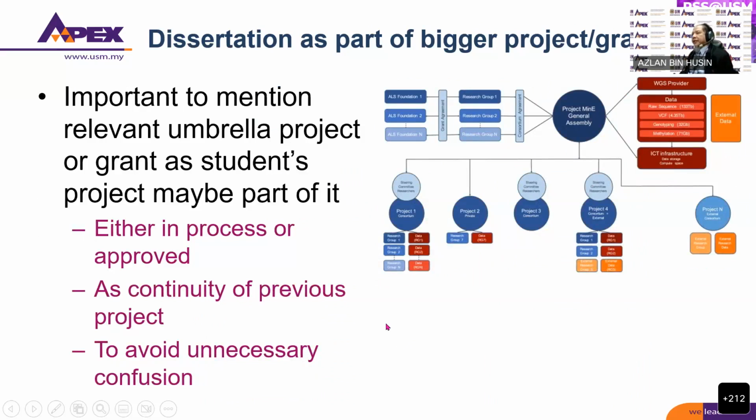Another important point is that sometimes a student supervised by a lecturer who has a bigger grant, and you have many students, but during the presentation it is not mentioned whether this is part of a bigger project with one bigger grant. So it is important to disclose this so that it is clear, there's no hanky-panky between the research earlier on.